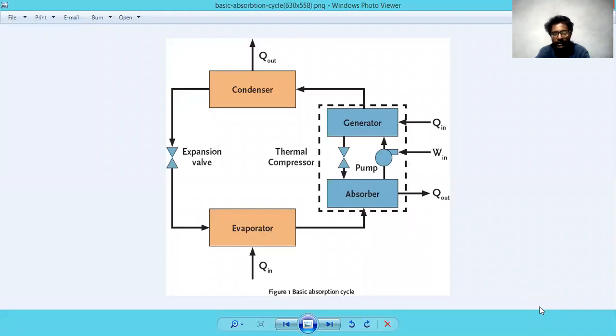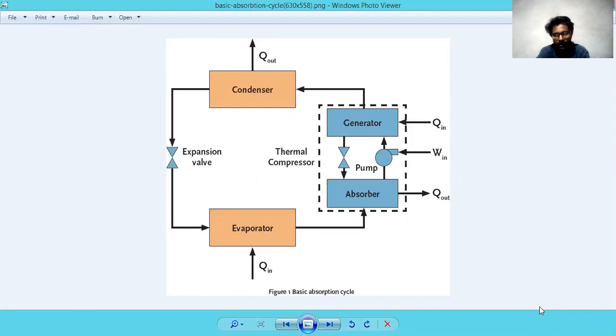In the generator, we are separating the ammonia plus water, and in the absorber we are absorbing the ammonia into water. So in the leftmost side, the device is as previously, in which only ammonia is going to be circulated.